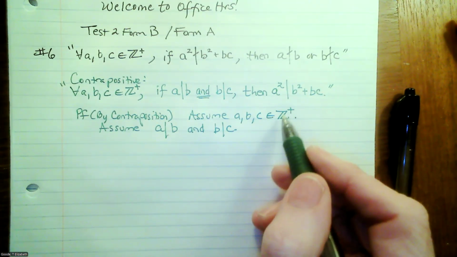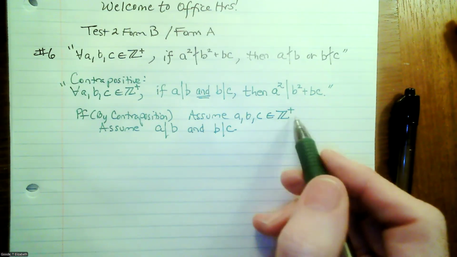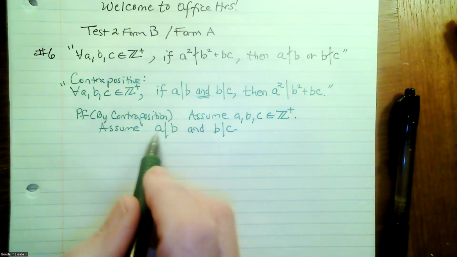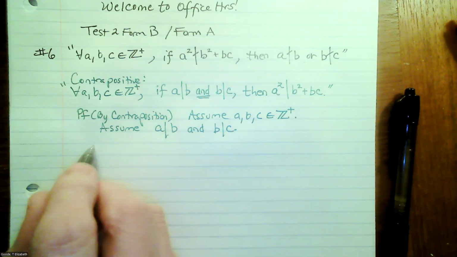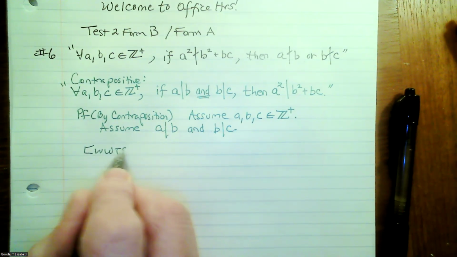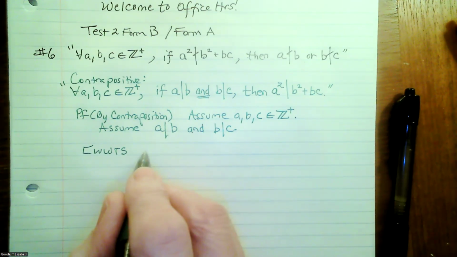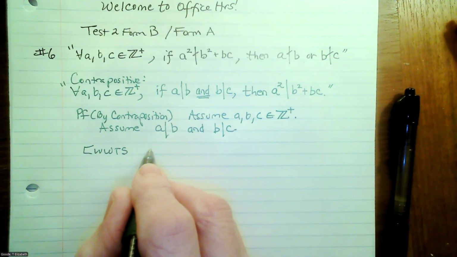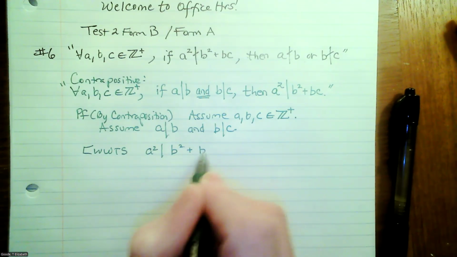They won't be as long as these are all coming from Z plus. But even if it just said Z, this assumption includes the assumption that these expressions are defined. What do we wish to show? I wish to show that consequence, so A squared divides B squared plus BC.